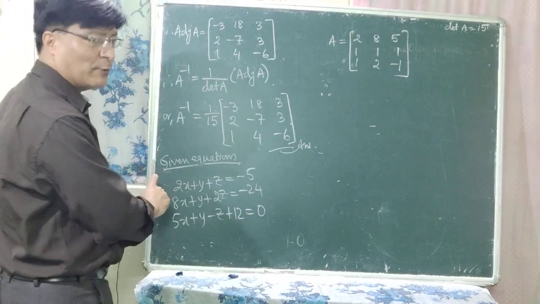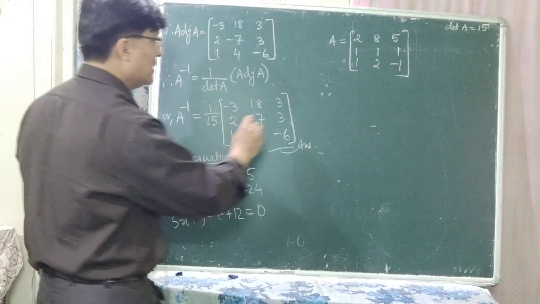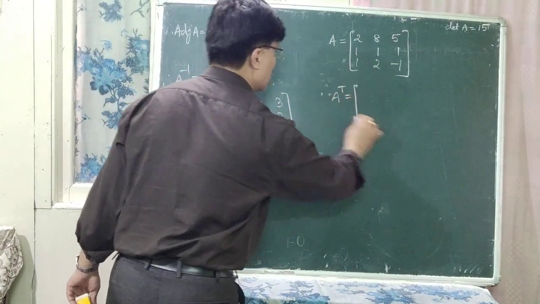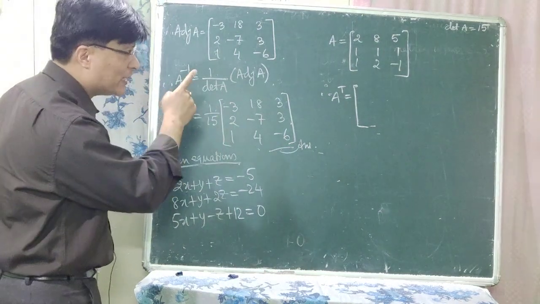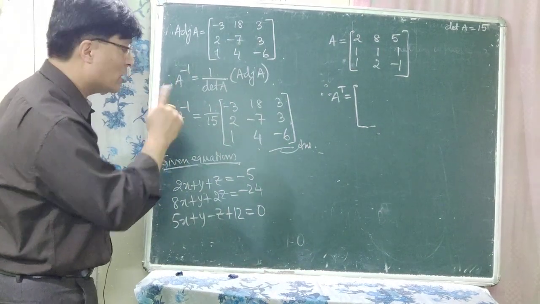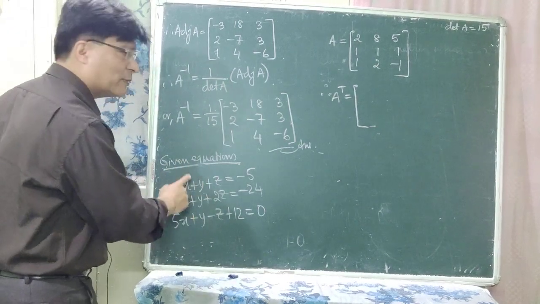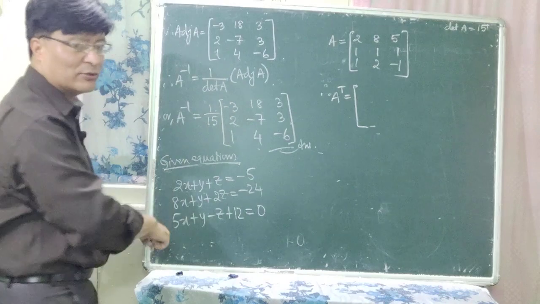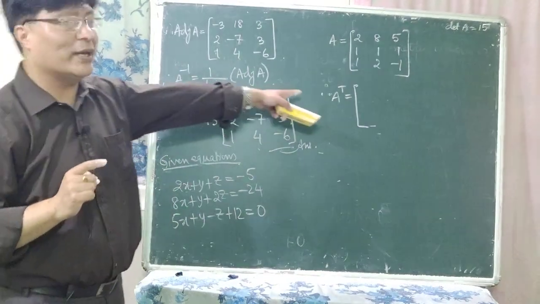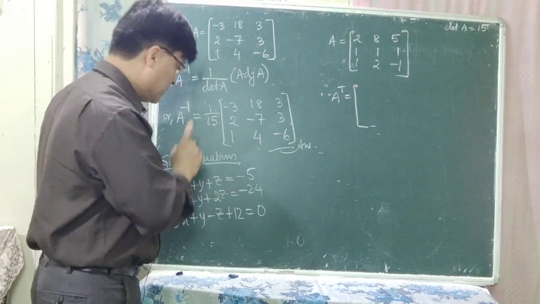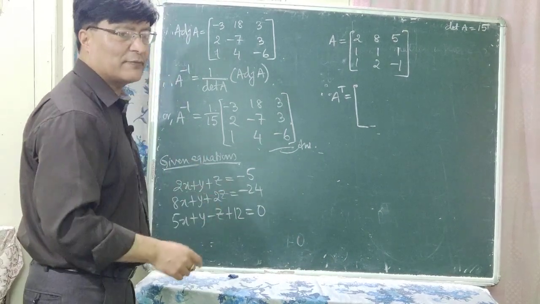So in this case you have to write A transpose. You have to change rows into columns and columns into rows, because in the given system of equations these rows are changed into columns and columns into rows. That's why we are writing transpose of A. Then you can get this system of equations.